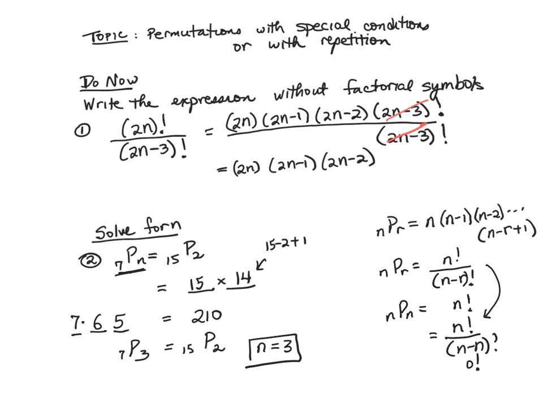And for that reason, because we want nPn to equal n factorial, we define 0 factorial to equal 1. I did mention that in the last video, but this is a nice way to show it. Okay, let's move on to permutations with and without repetition.